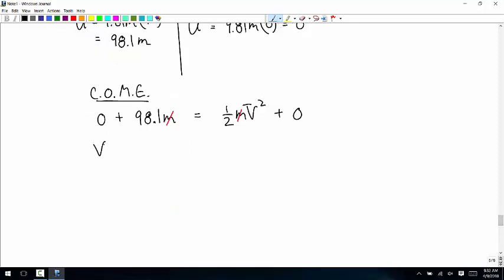And you get that v squared is equal to 196.2. So v is equal to 14.01 meters per second. So just like that, in just a few lines, we calculated this thing that would have been a major, major hassle using the other method.